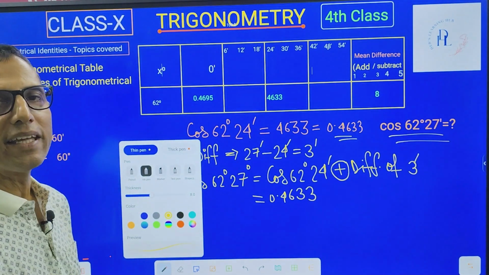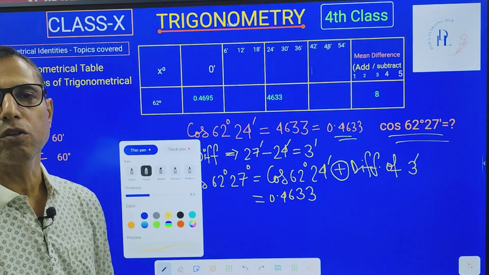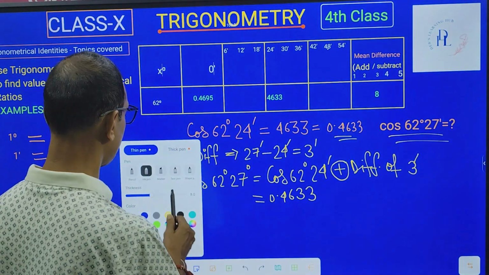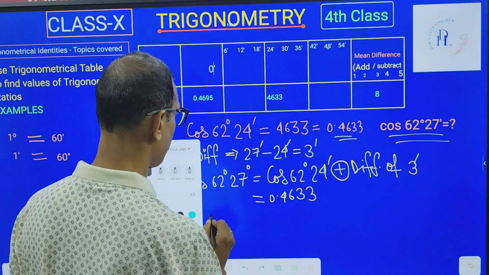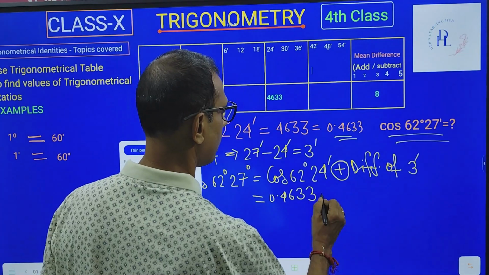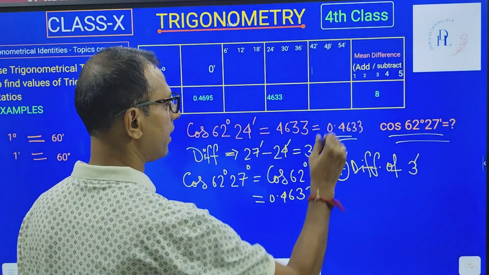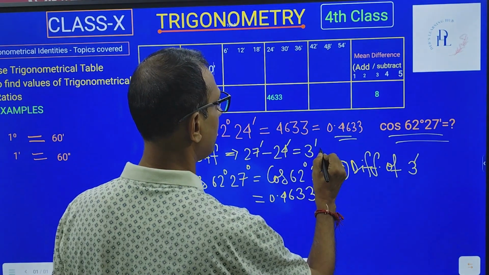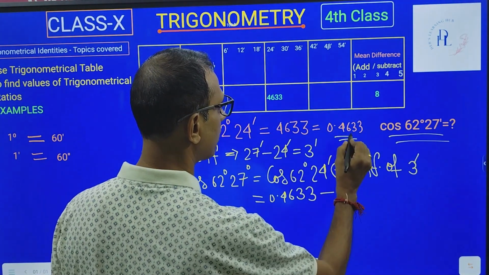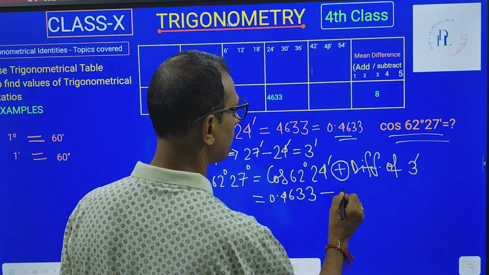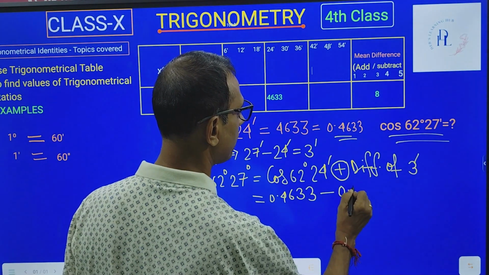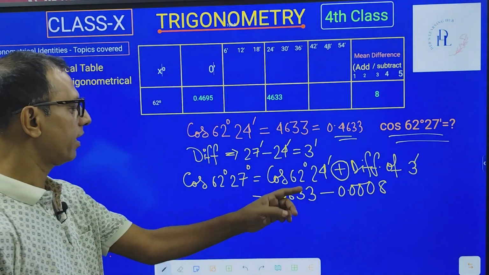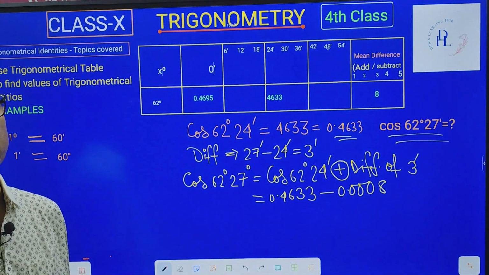When you are adding to the angle, the difference will be converted to subtraction, not addition. Therefore, here you need to subtract this 8. The difference for 3 minute is 8, and the respective value is 8 divided by 10,000, that means 0.0008. Now you will calculate this, and that will be the value of 62 degree 27 minute.